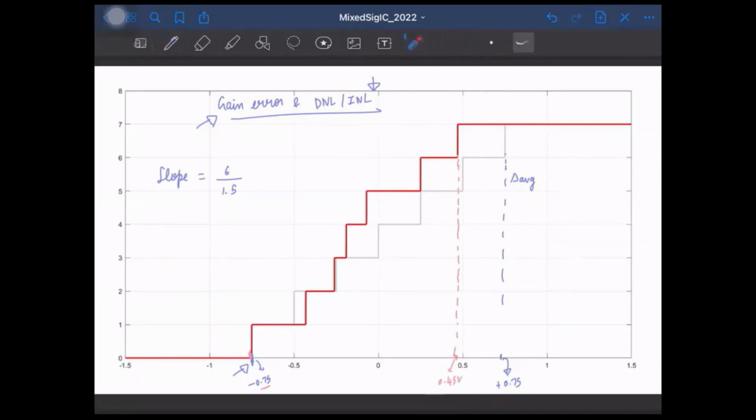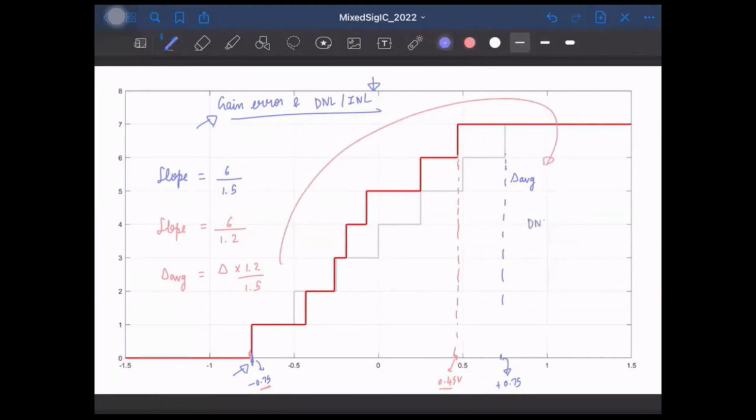Again, in between these two, we have 1, 2, 3, 4, 5, and 6 codes. So for the curve in red, the slope is again 6 codes by the difference between 0.45 and minus 0.75, and that's around 1.2. Okay. So which means that the step size delta average is smaller than the nominal step size delta, right? And how much is this smaller by? This is smaller by this factor. Okay. So we need to use this delta average here for finding the DNL and INL.